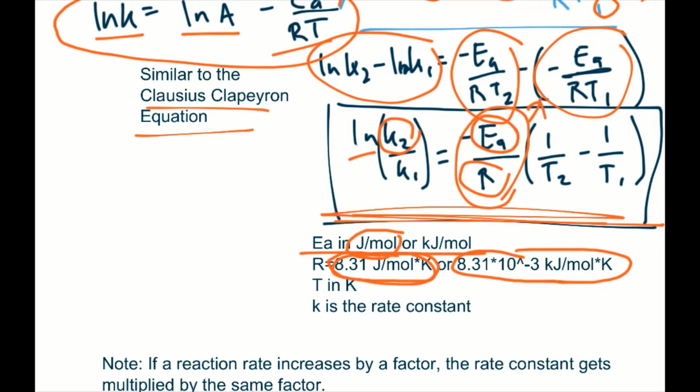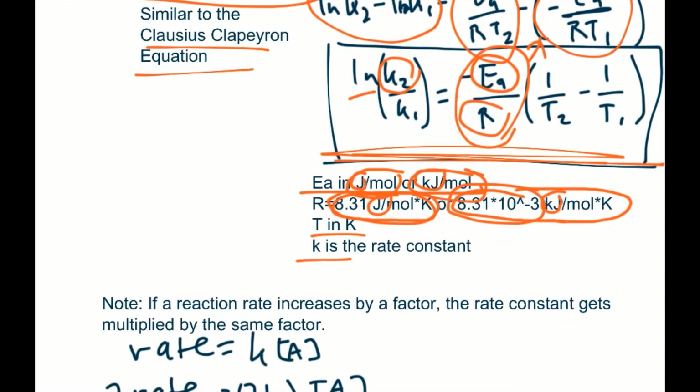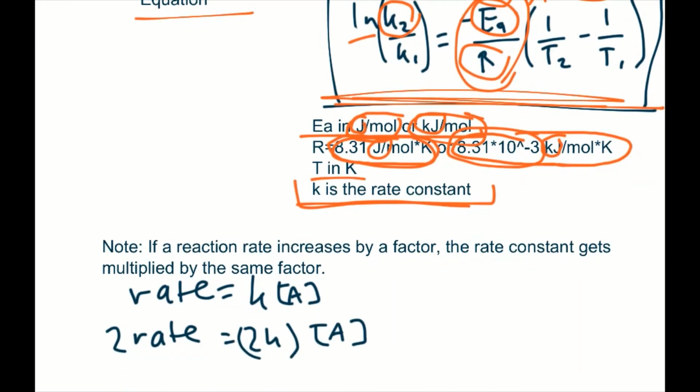If you want to find EA in kilojoules, then you should be using 8.31 times 10 to the negative 3, because you want the kilojoules or the joules to match during the math process. Temperature is in Kelvin, and K is a rate constant. If you're not given the order of the reaction, I would not worry so much about the rate constant's units.